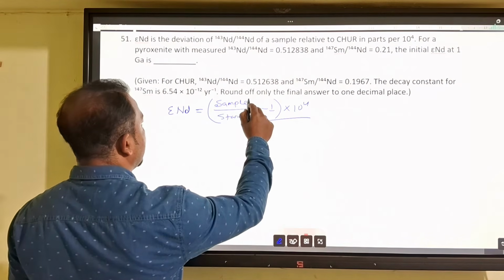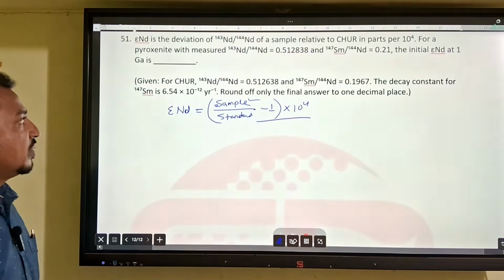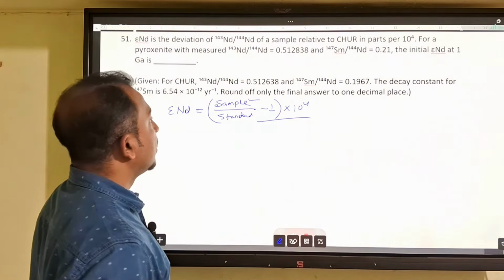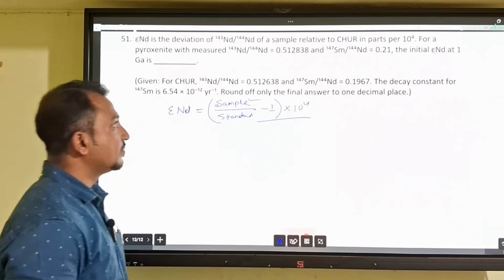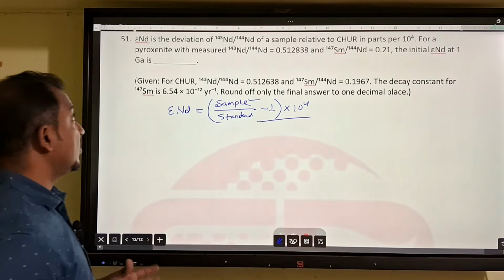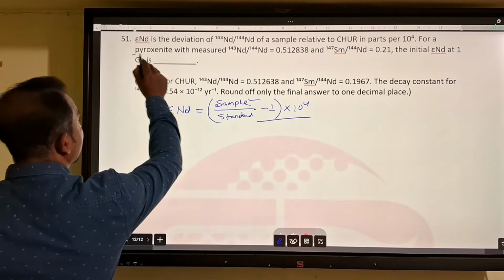So first we have to calculate the value of the sample, then we will calculate the value of the standard. Here, which one is the sample? That is your pyroxenite.